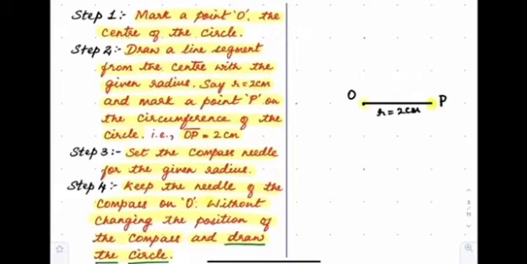With the needle at point O and the pencil side at point P, we will draw a circle without changing the position. Okay, now all of you do it along with me. I'm drawing a circle.